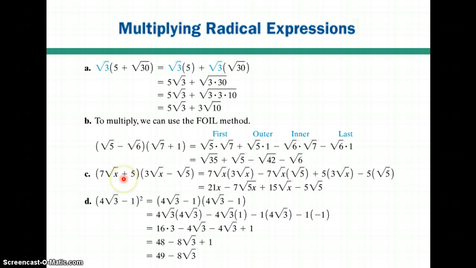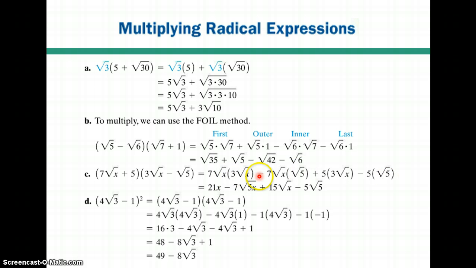By using the FOIL method, we have 7 square root of x times 3 times square root of x minus 7 square root of x times square root of 5 plus 5 times 3 times square root of x minus 5 times square root of 5.